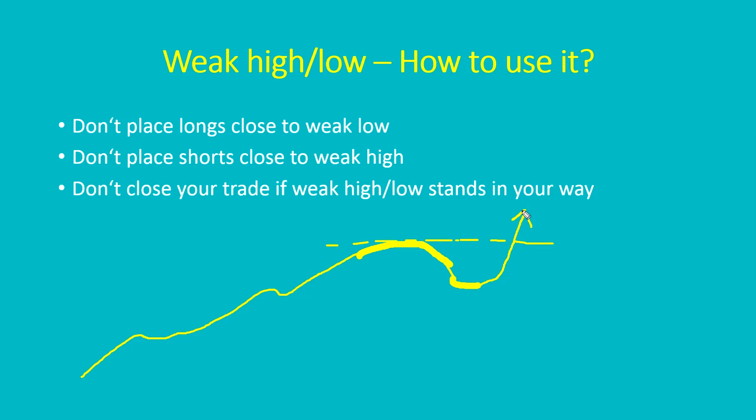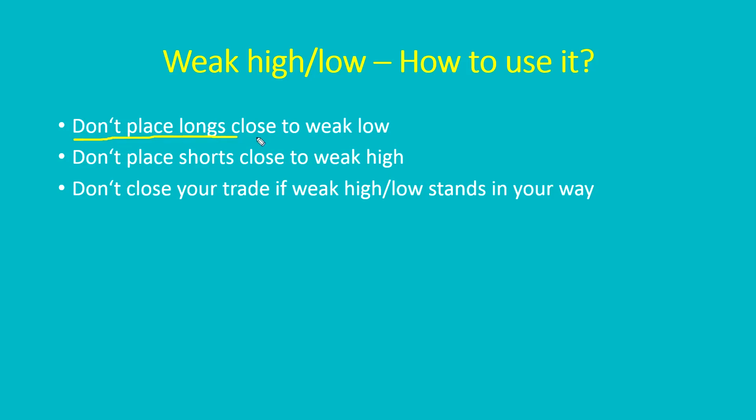So the price tests it again, it tests above it. So this is why you shouldn't place your shorts close to the weak high. Alright, so it's not very clever to place shorts close to the weak high like this. So don't place your longs close to a weak low and don't place shorts close to a weak high, because weak lows and weak highs tend to be tested.